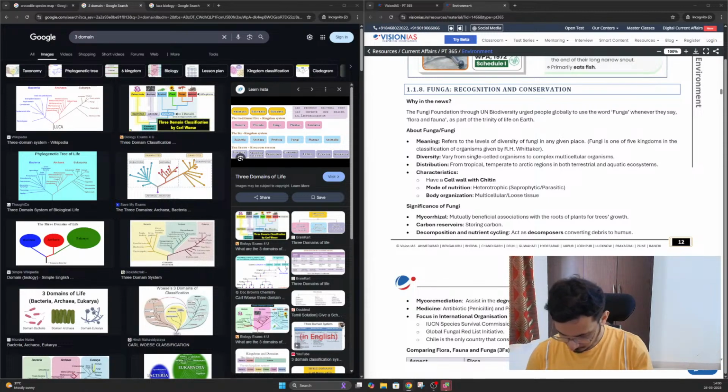For example, in Monera, cyanobacteria are definitely known for photosynthesis, and in Protista, Euglena, and I don't remember another one.